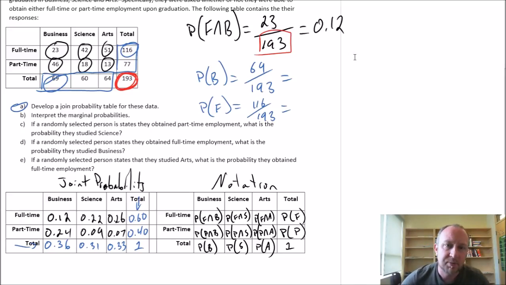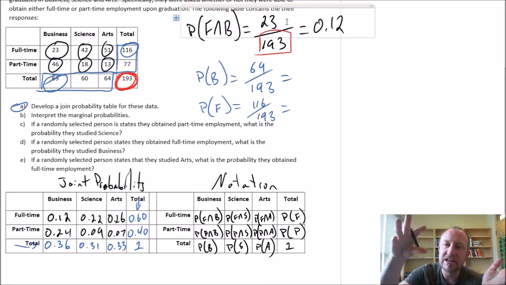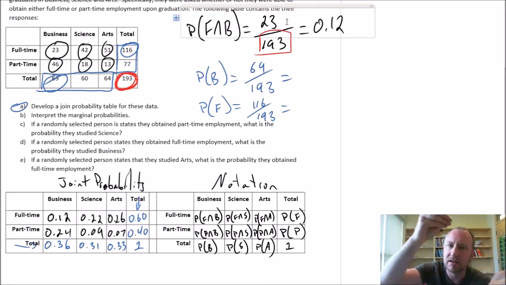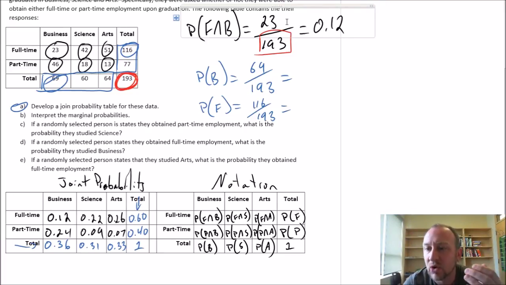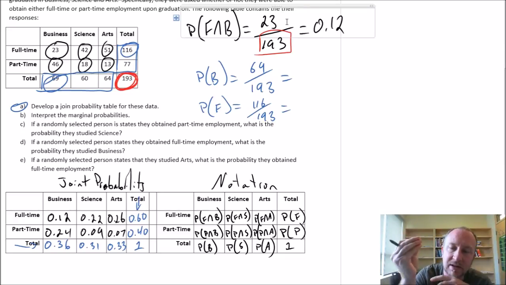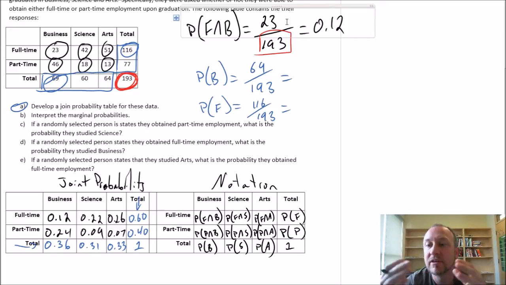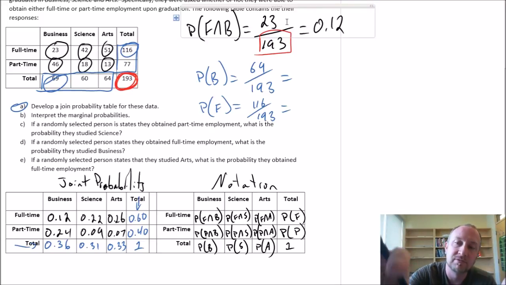Part B, interpret the marginal probability. So what do those probabilities mean? Essentially, all it means is that if I reach in at random and I pull out an individual, there's a 0.6 probability, or you can say a 60% chance that I will randomly select an individual who obtained full-time employment. Or there's a 40% chance, a 0.4 probability, that I will randomly select somebody who obtained part-time employment.